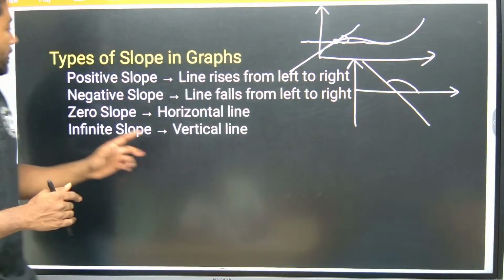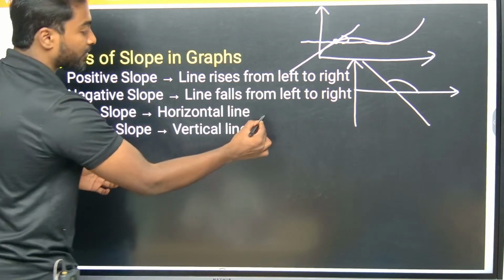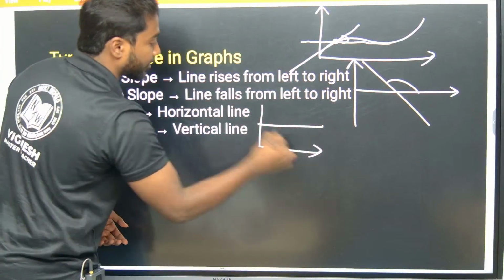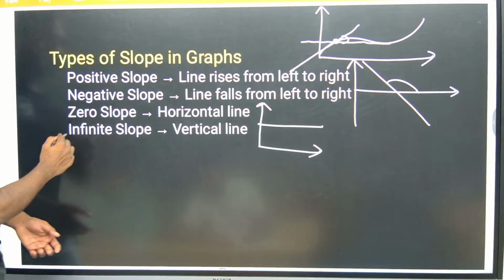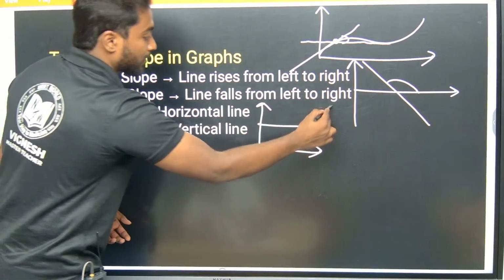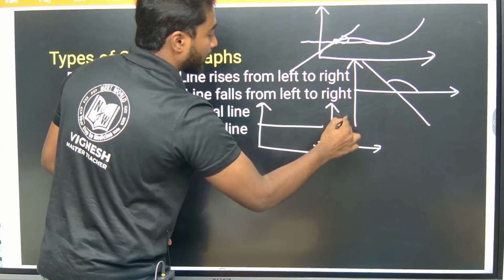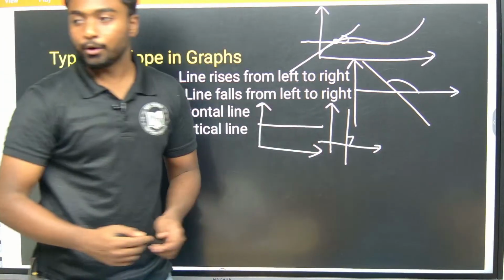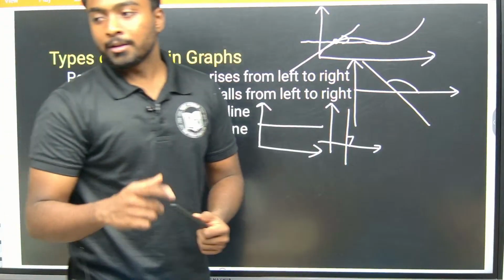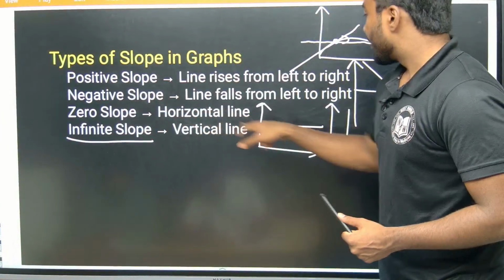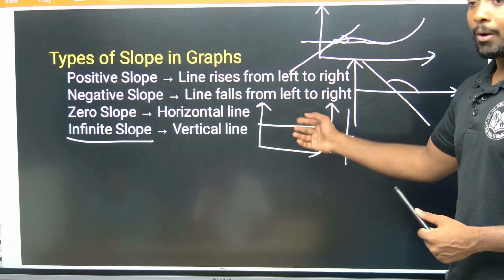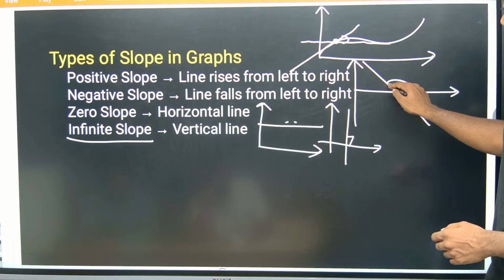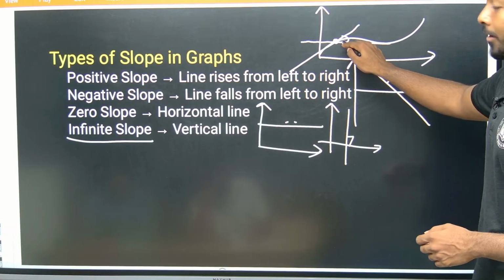Understood? So zero slope means horizontal, a horizontal line which is parallel to the x axis. Infinite slope is a vertical line, which makes exactly 90 degrees with respect to the x axis. So here horizontal means angle 0 or 180, vertical is 90 degrees, here it is greater than 90, here it is less than 90.